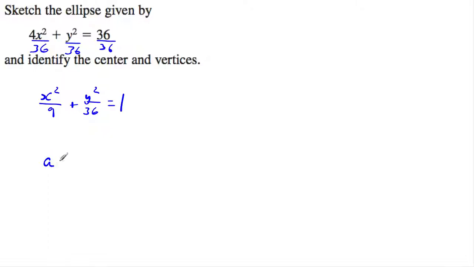We say that a is equal to 3, b is equal to 6, because this would be a squared and b squared. We have a nice horizontal. X minus h, y minus k. The center is going to be at (0, 0).